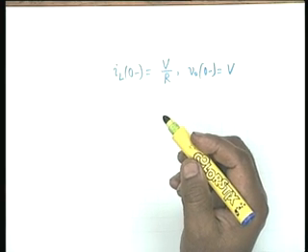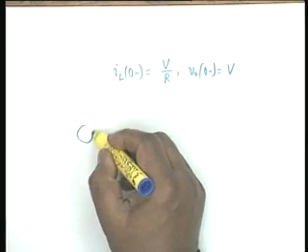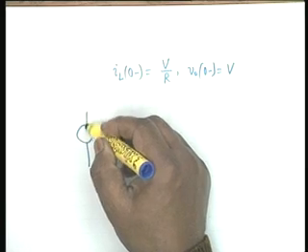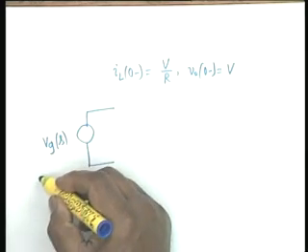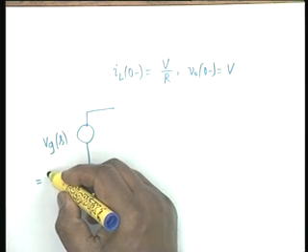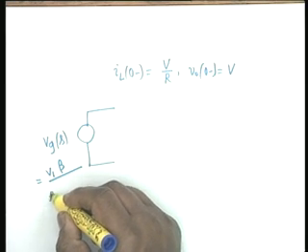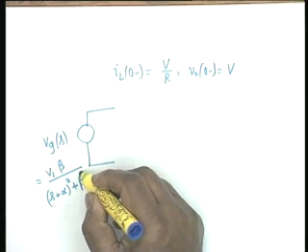Now if I draw the transformed equivalent circuit for t greater than or equal to 0 plus, then Vg(s), the transform of the given function V1 e to the minus alpha t sine of beta t, would be V1 beta divided by (s plus alpha) whole squared plus beta squared.